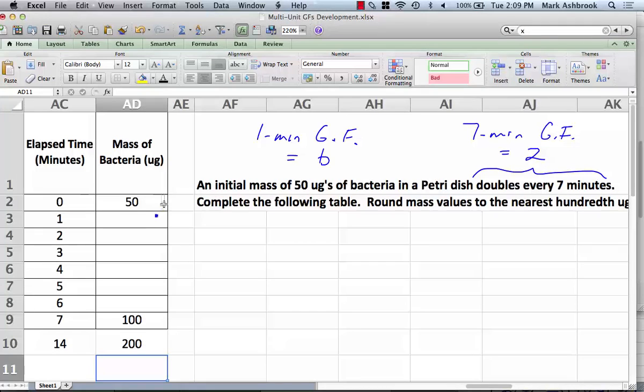So if the 1-minute growth factor is B and we start with 50, how can I use this to express the mass of the bacteria after 1 minute? So we got 50, we got the 1-minute growth factor is B, so what will the output be 1 minute later after it's 50? That's what we're asking.